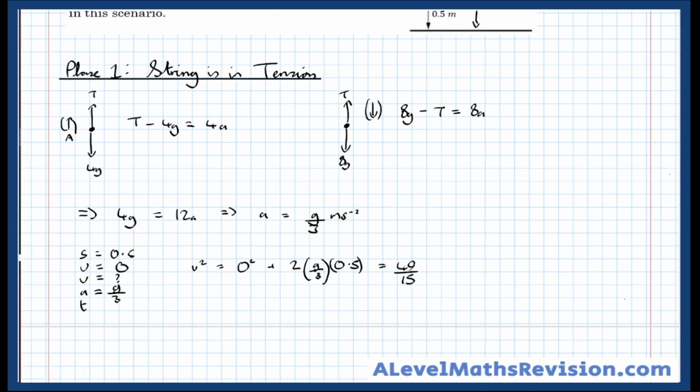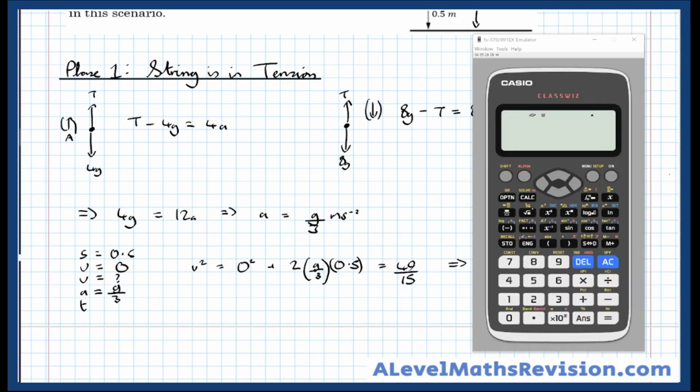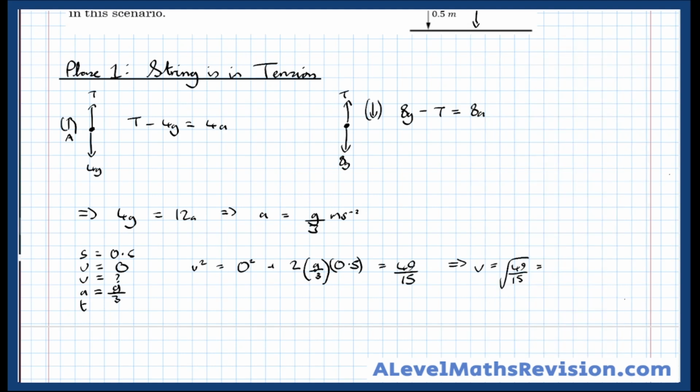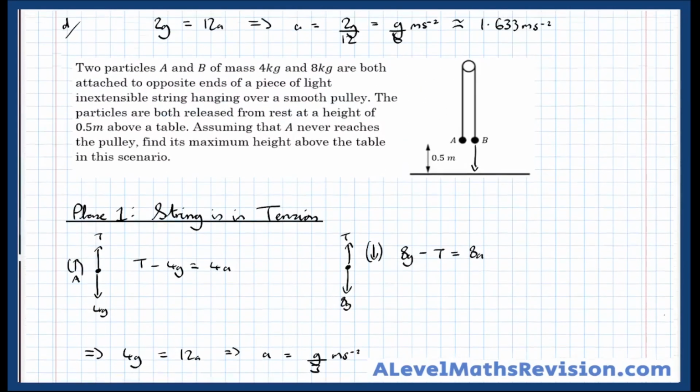And so that's the value of V squared. So that means that V is the root of that. The root of 49/15, so let's put in the calculator, which is equal to 7 root 15 over 15 meters per second. So that's the end of phase 1, where the string's in tension.